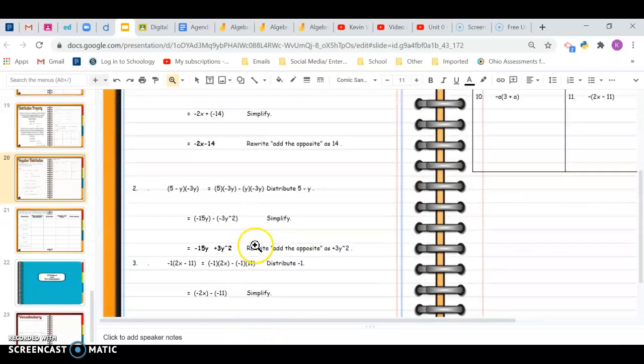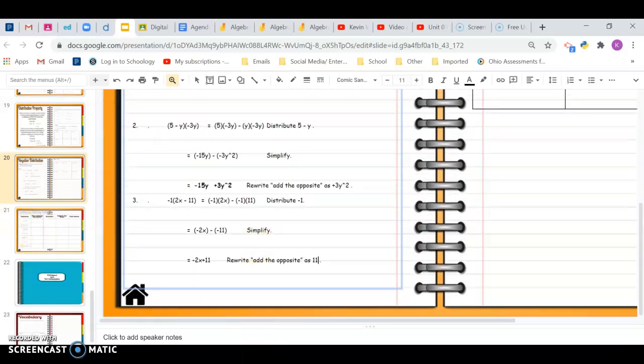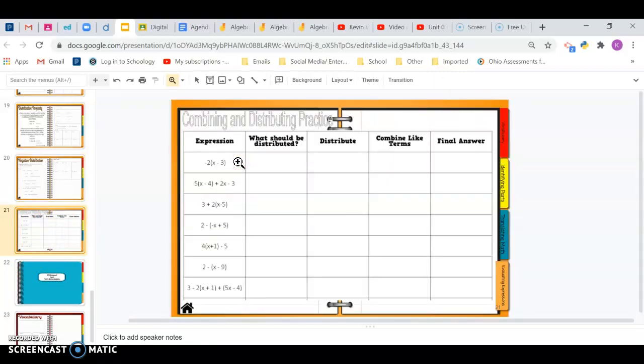I'm going to go through and just explain quickly the last slide here, just so you understand. All right, let's click over to it. I'll zoom out. Okay. So on here, we have us practicing both the two things we did, distributing and combining like terms if we need to. So this chart has 4 different slots for 4 different things that you're going to do.